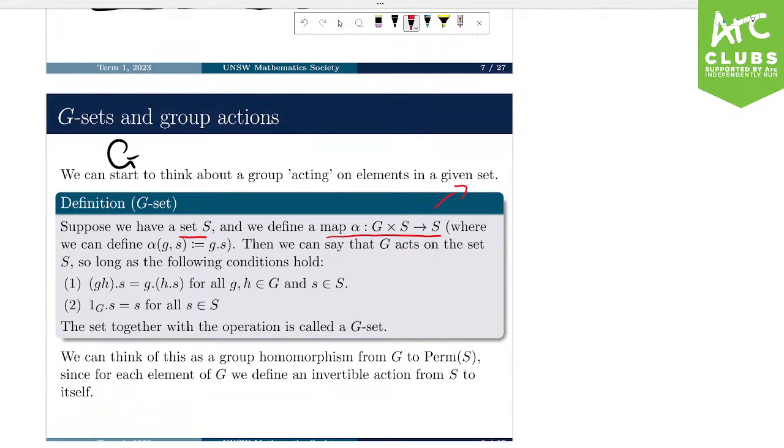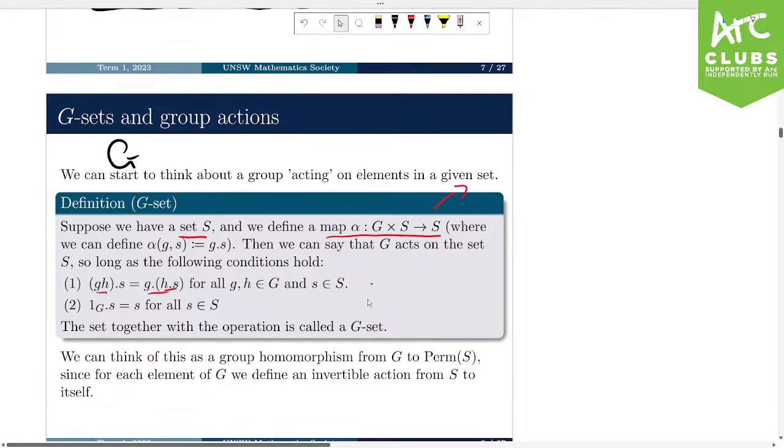The first one is basically associativity. So it doesn't matter if you combine the group elements within the group first, and then apply that to the set elements, or if you apply them one by one.